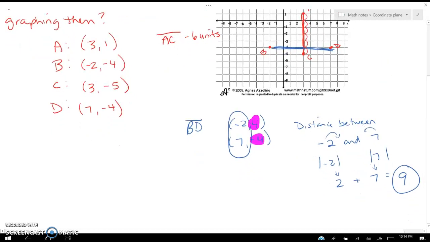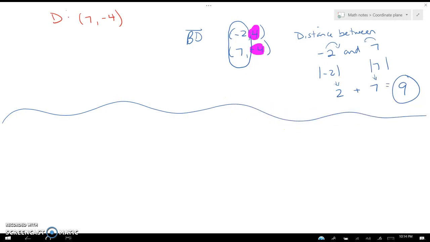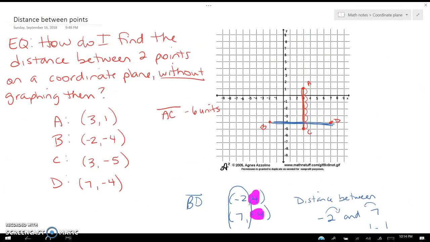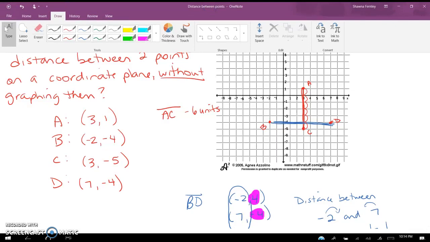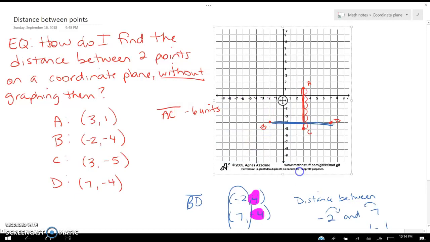Okay, let's try a couple practice problems and then you'll be good to go on your own. I'm going to go up here and continue using this graph up here. I'll just use different colors. Okay. Let's do a point here and a point here.